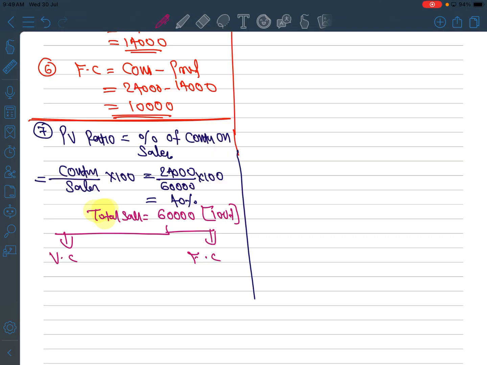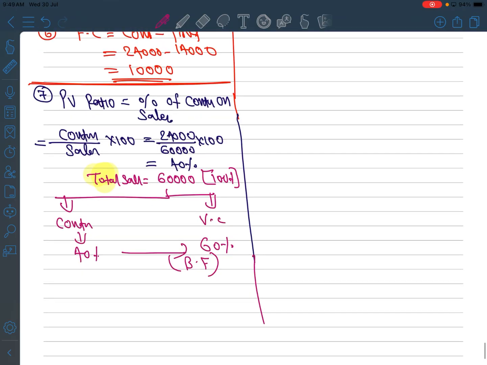Sorry, mistaken. Contribution and variable cost. The percentage of contribution is 40%, then the variable cost, that is the balancing figure, is 60%. Nothing great.